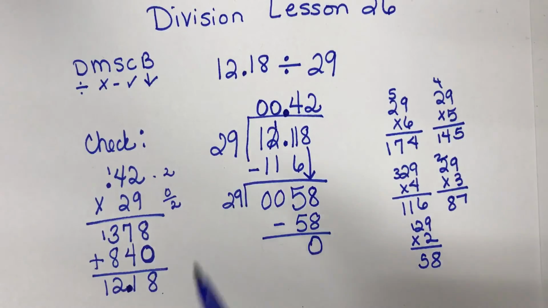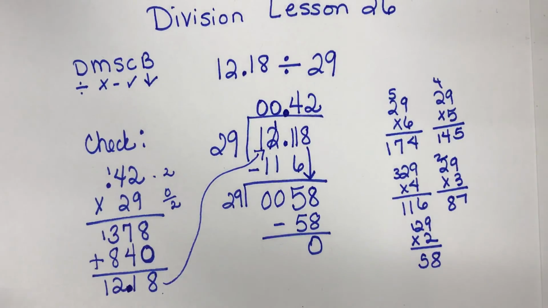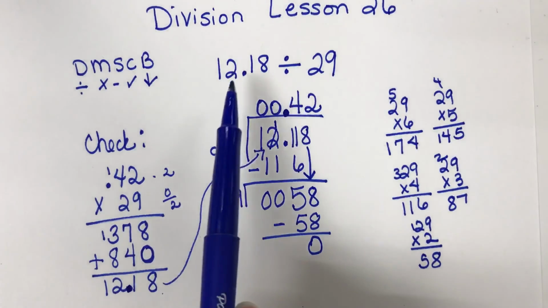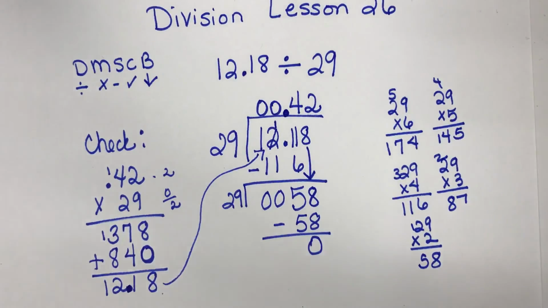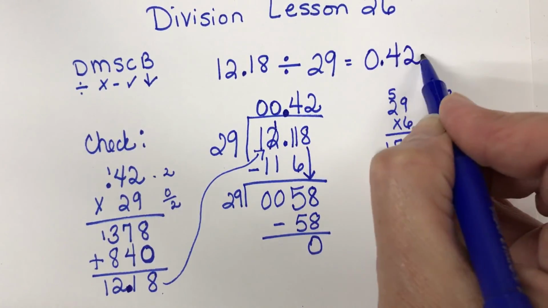I get 12 and 18/100, which matches my dividend, 12 and 18/100. So therefore, I know my answer of 42/100 is correct. So 12 and 18/100 divided by 29 equals 42/100.